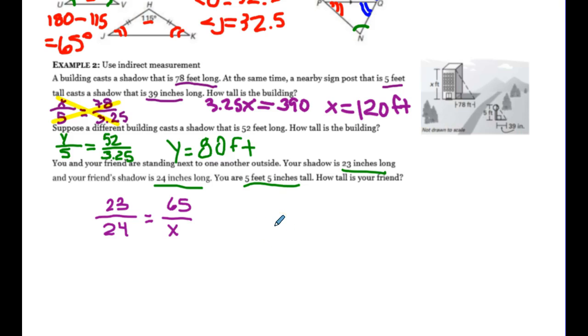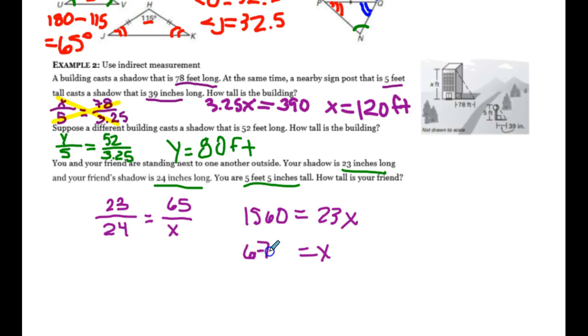So I've set up my proportion, and I get 1560 is equal to 23x. And when I divide that by 23, I get 67 and some change.